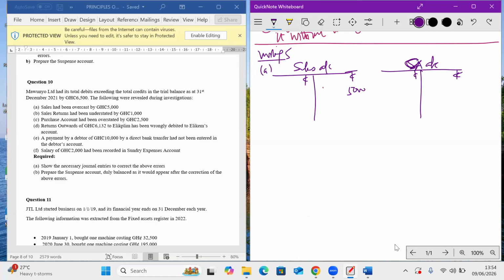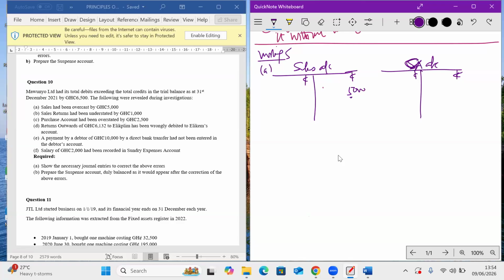We said that sales had been overcast by 5,000. What it means is, when you say overcast, what kind of error is that? Error of casting. Pay attention. So the sales account has been overcast by 5,000. In other words, the original amount is there, but they've increased it by 5,000.